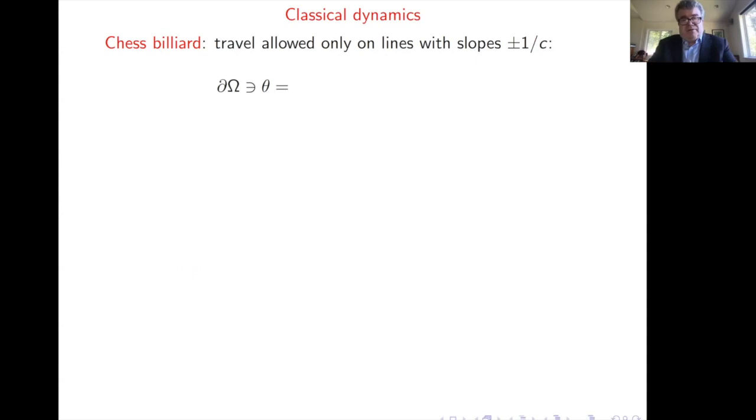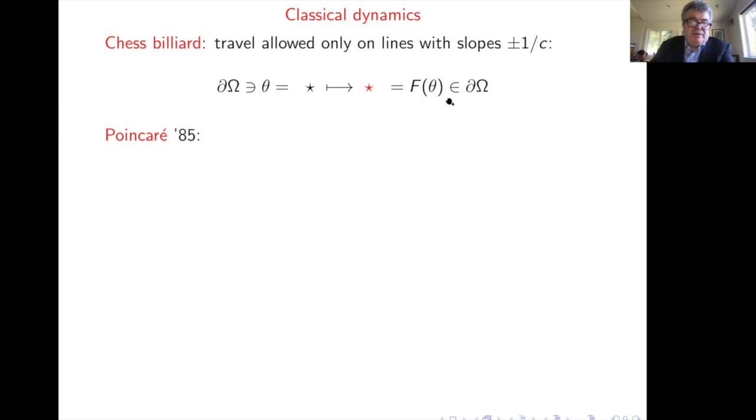So I recall that we have this map which takes this point on the boundary, you move by the slope -1/c, then 1/c, and you end up back in the boundary. That's the dynamical system. And this is a homeomorphism of the boundary of the circle, if you like. And in our problem, eventually it will be a diffeomorphism.